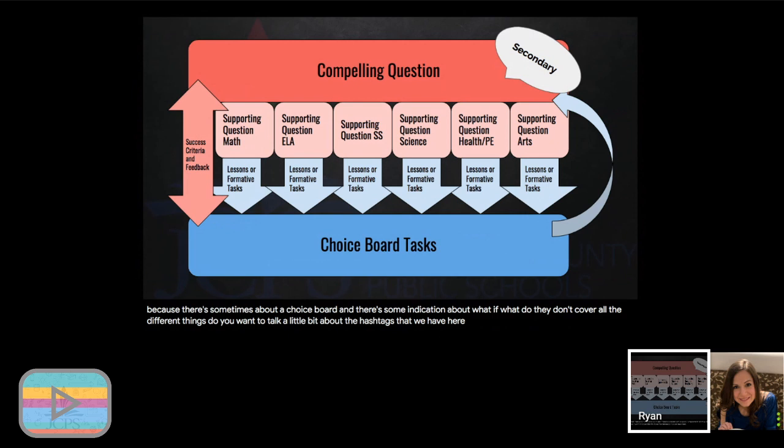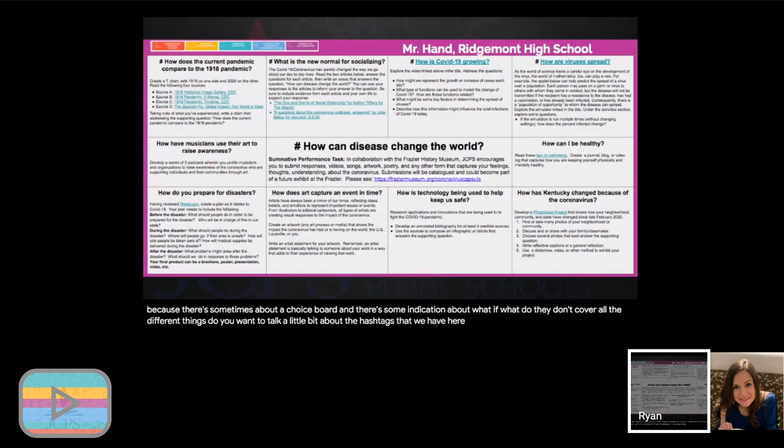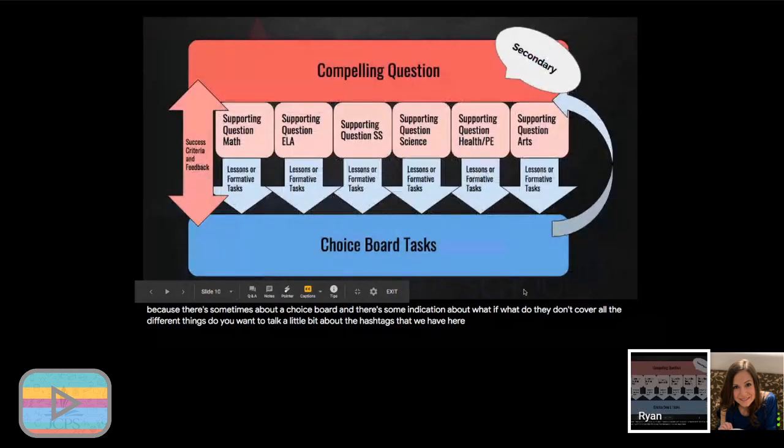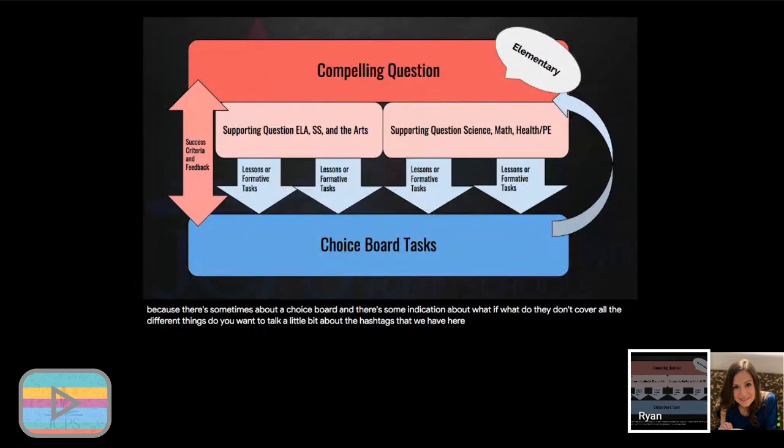And so I think in the middle school example, what you started to see is how the social studies and the ELA question, up in the left-hand top and the bottom right, are beginning to talk to each other. If we go back to the model, in the next slide, you can see how, oh, look, could a single supporting question be over multiple disciplines, right? And so here we're building coherence for students.